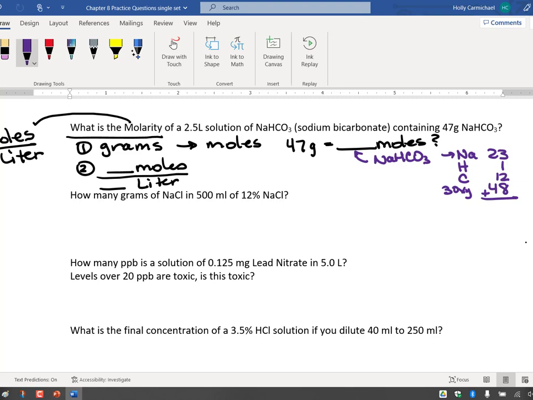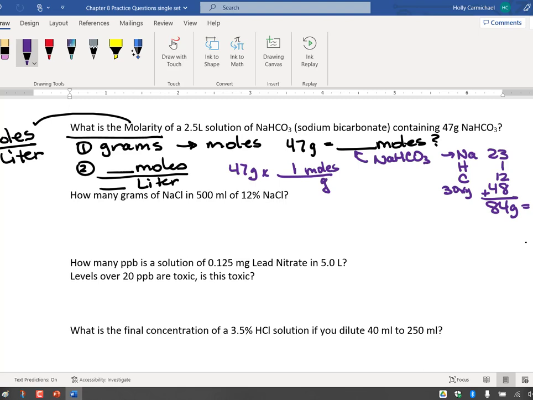So there's 84 grams in 1 mole. I'm going to use that like a unit conversion. So if I have 47 grams times in a line, what unit goes on the bottom? Grams. Moles is going to go on top. The unit I start with always goes on the bottom, moles on the top.